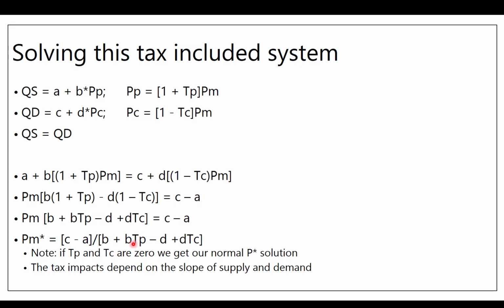What's new is that you end up with these tax variables in the denominator because of the ad valorem way that we're treating this. These tax rates directly influence the price. They're percentage tax rates. And then, of course, the effect of the tax on the price depends on if it's a producer subsidy or tax. It depends on the producer response rate or slope, and the same thing for consumers.